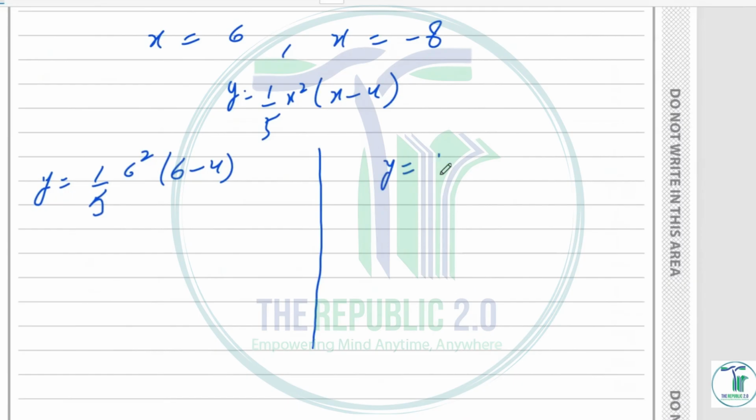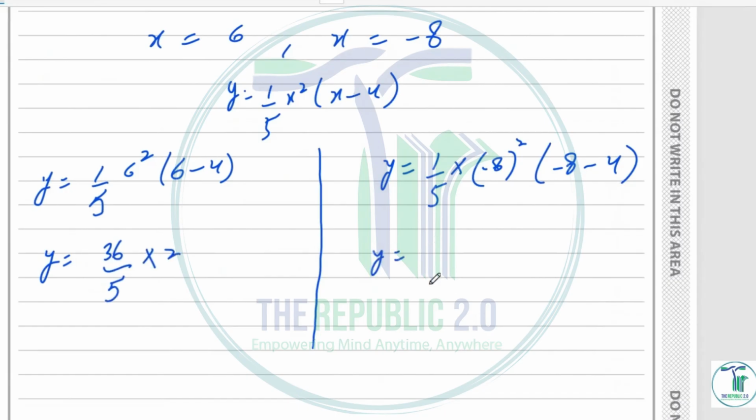And for x equal to negative 8, you've got 1/5 times negative 8 squared, times (negative 8 minus 4), so y equals 1/5 times 64 times negative 12.